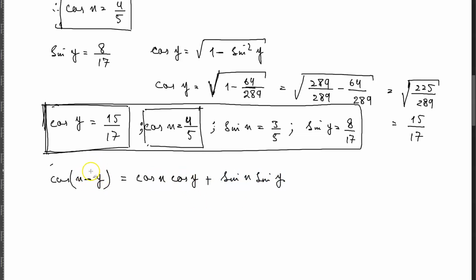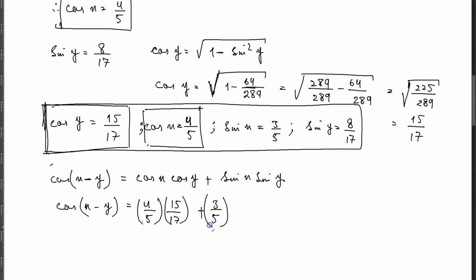So cos of x minus y would be equal to cos x is 4/5, cos y is 15/17, plus sin x is 3/5, and sin y is 8/17.